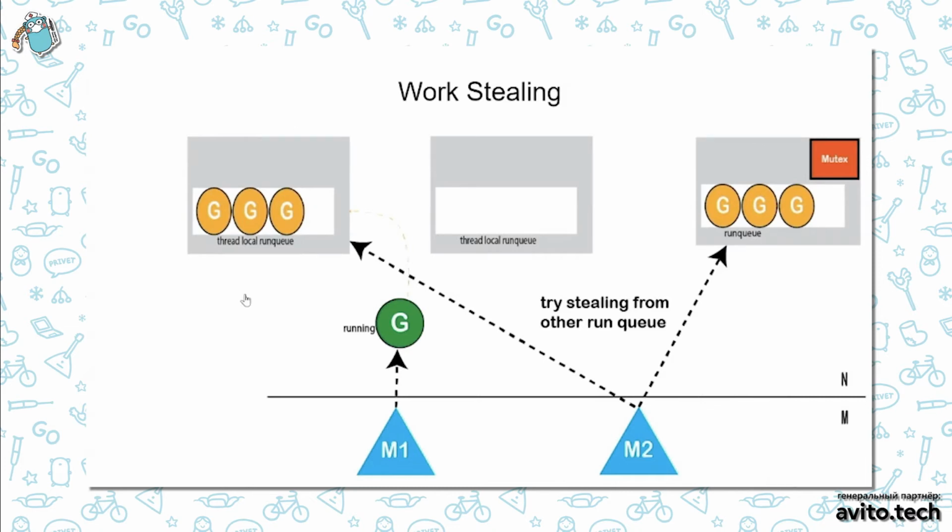In this case, you can see the run queue associated with the M2 kernel thread does not have any work to do, while another queue has so much work. So it will try to steal work from other local run queues or the global run queue so that it can distribute work evenly.